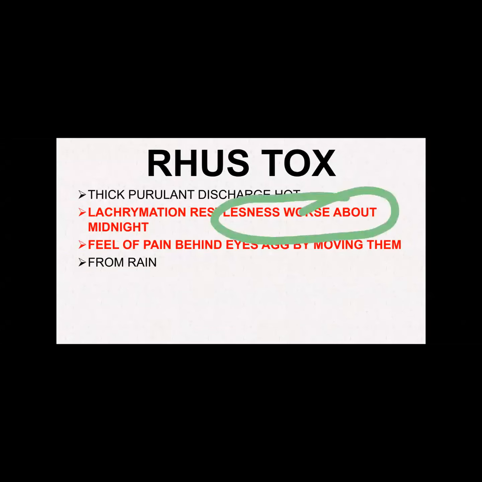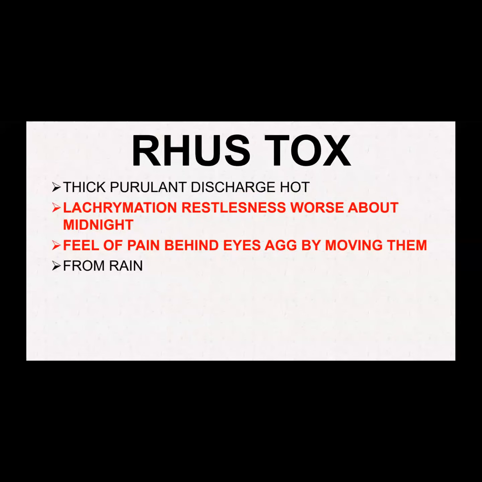And there is a peculiar sensation in Rhus tox: patients say, doctor, someone is pulling my eyes. In rural areas, they cannot explain the symptom clearly, so they just say, doctor, someone is pulling my eyes. Basically, this is pain behind the eyes.